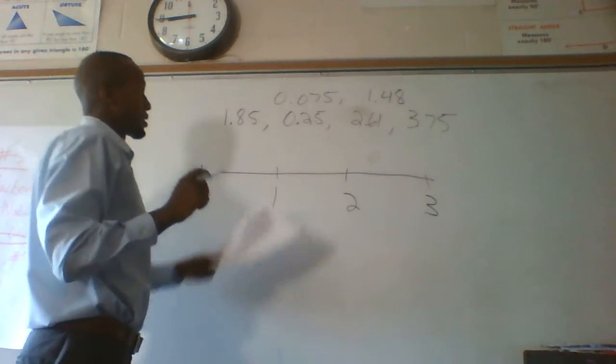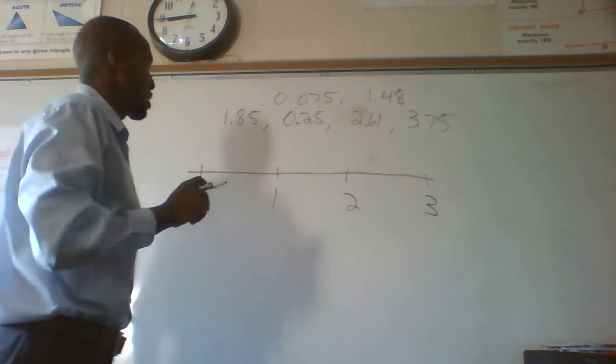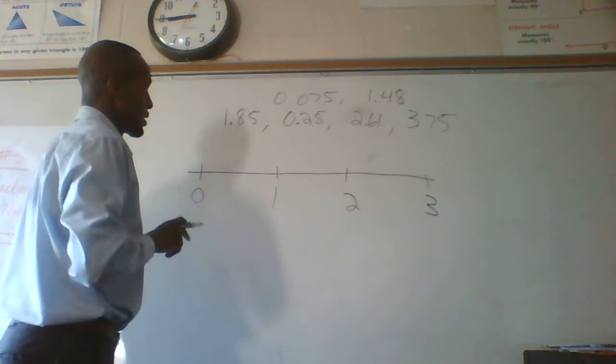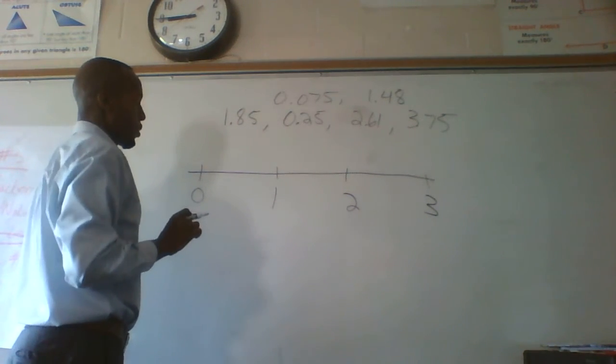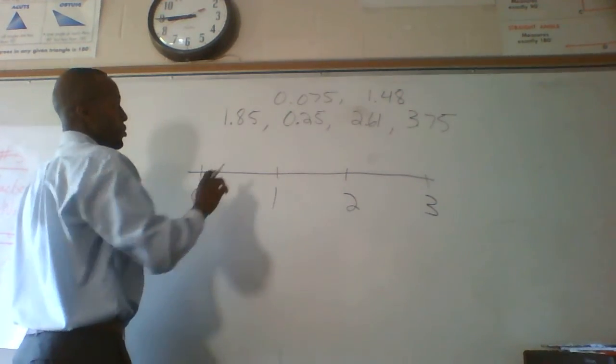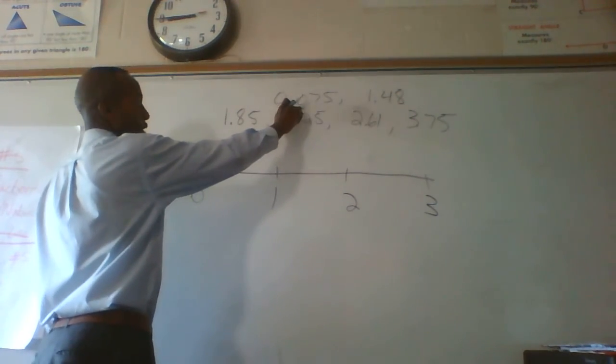Okay, so we start plotting this. I'm going to plot 0.075 first. So 0.075 should be really, really close to the 0. Why? Because there's nothing in our tens.